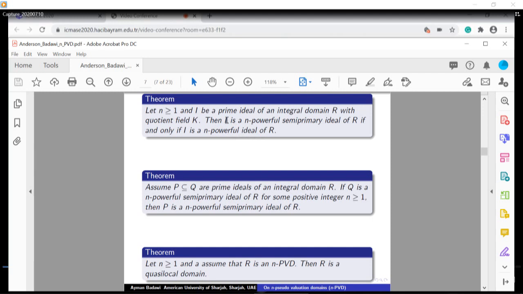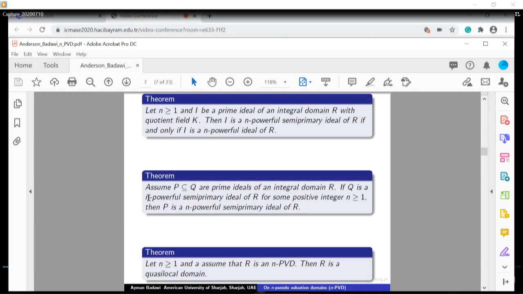Okay, so this is a very nice result here. And here it also tells me that if you have two prime ideals, one of the primes inside a bigger one, and the bigger one is n powerful semi-primary, then the smaller one will be n powerful semi-primary. Okay?